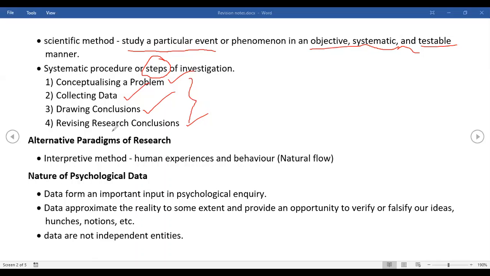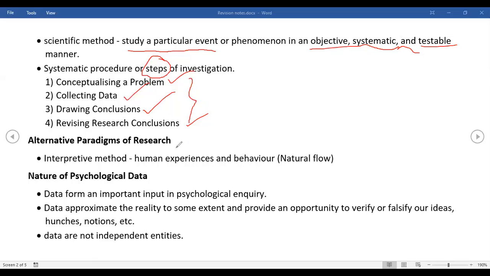Here it is steps. So you can see these four steps: conceptualizing a problem, collection of data, drawing conclusions, and revising research conclusions.